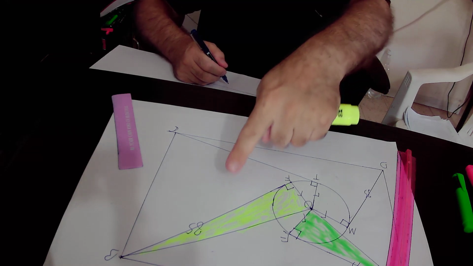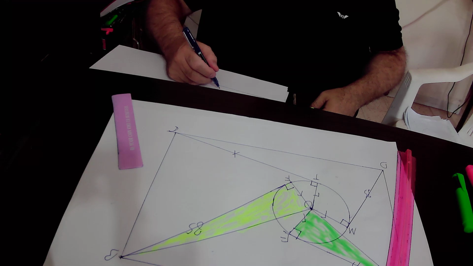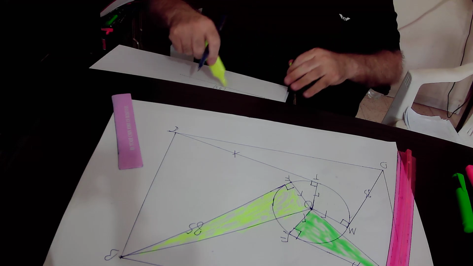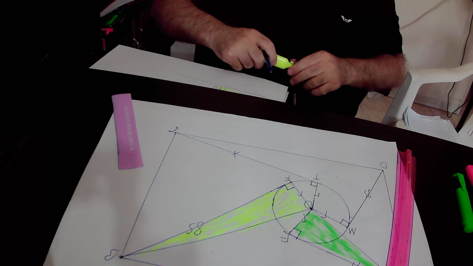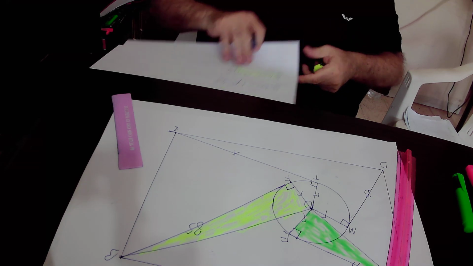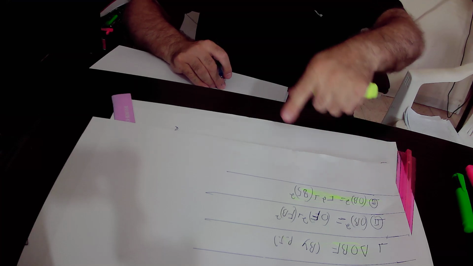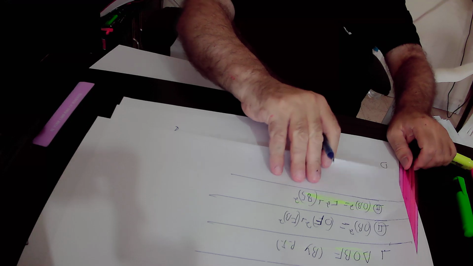FB equals 85, therefore FB square is 85 square. So in conclusion, according to equation number 2, we found out that OB square equals R square plus 85 square.